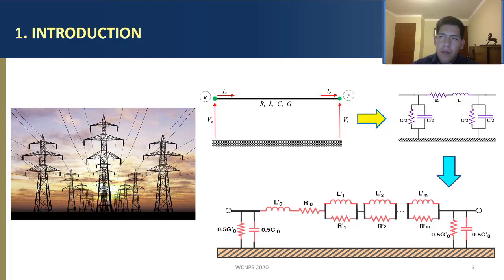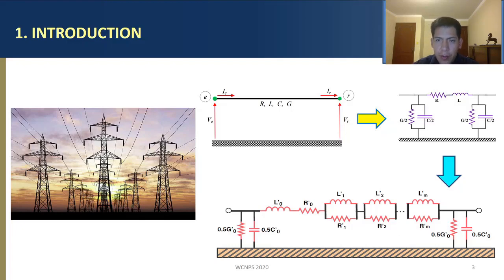Each pi circuit divides the transversal admittance of the transmission line into two shunt circuits that are placed at the beginning and at the end of each pi section. The longitudinal parameters are placed between both shunt admittances so that each pi circuit is as the one shown here at the right of this slide.